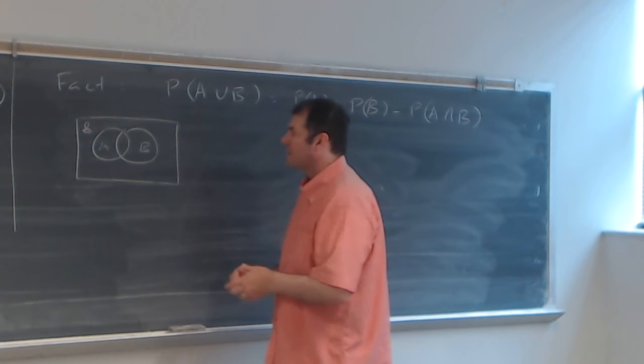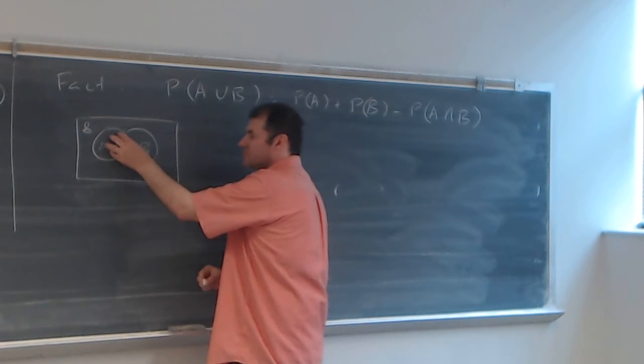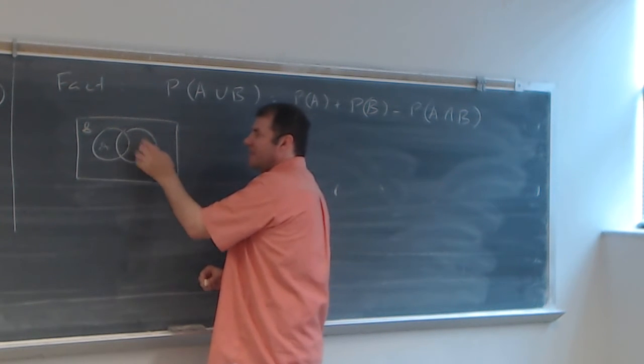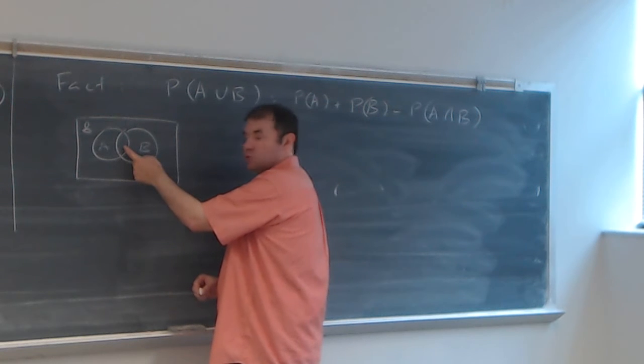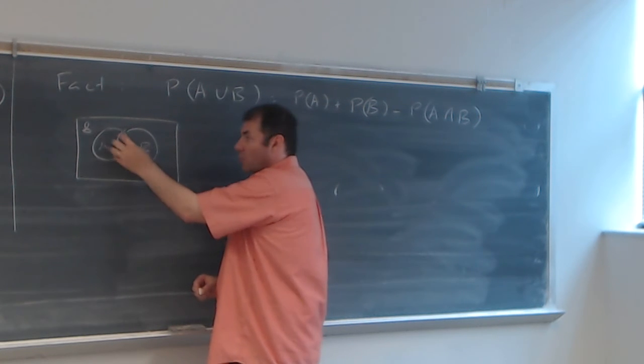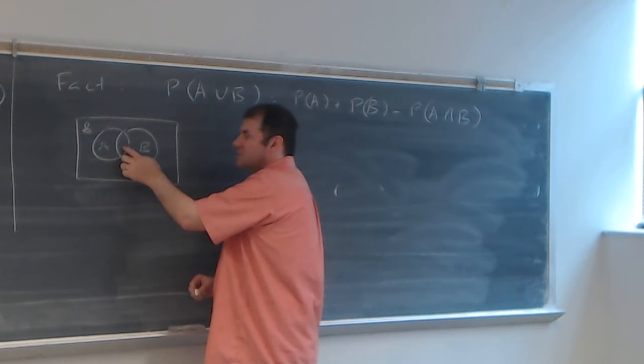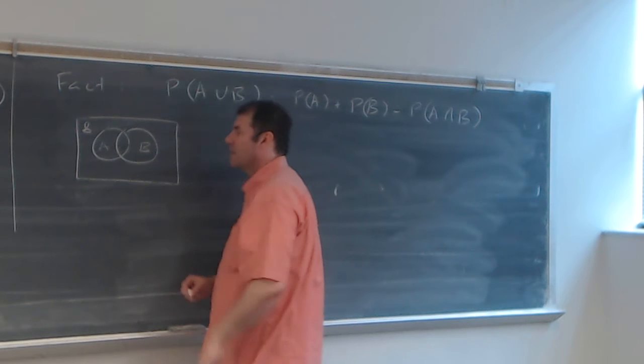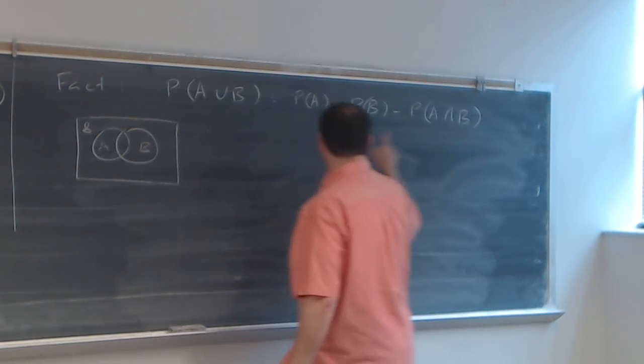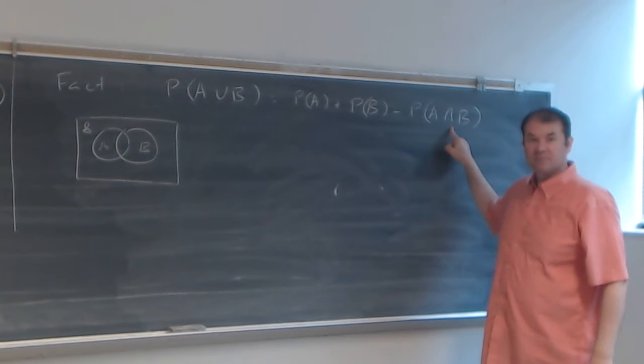Well, it should be the worth of just A plus the worth of B, but we've counted this region twice. Once when we count A, once when we count B. So we need to take away one time. That region is the intersection between A and B, so we need to take away its worth, which is the probability of A intersect B, once.